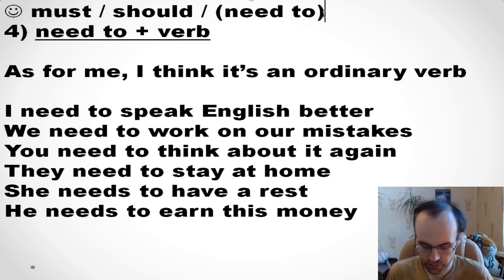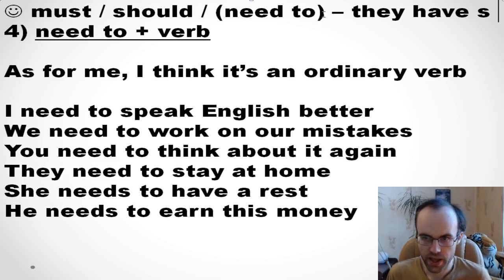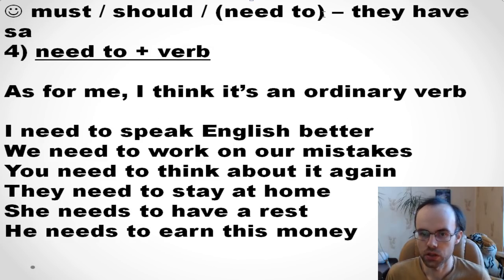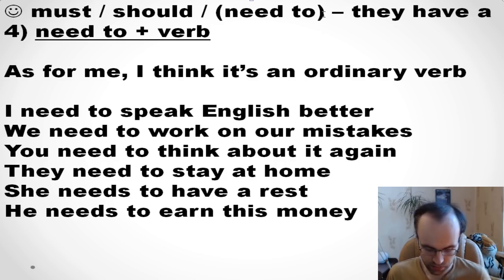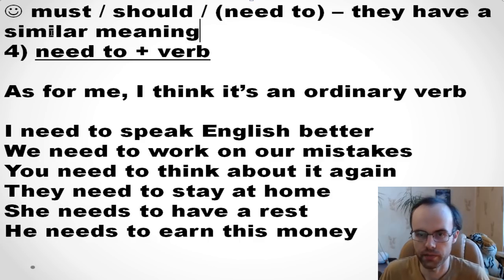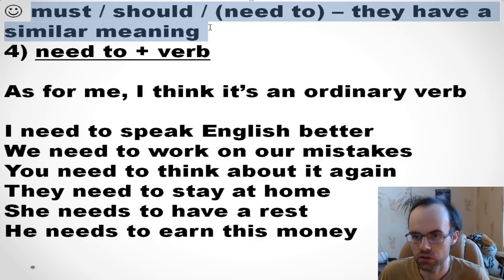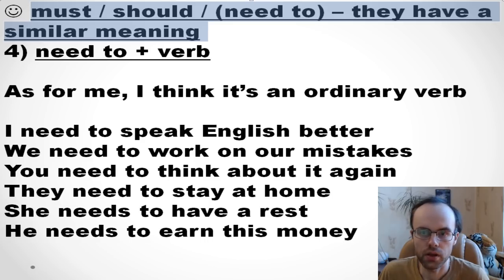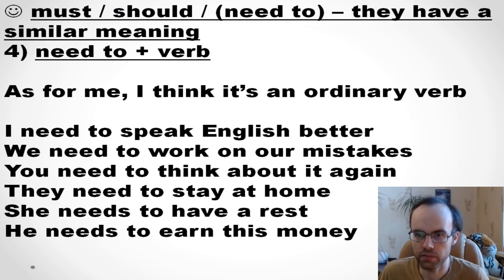They have a similar meaning. Must, should, need to. Yeah, they have a similar meaning.